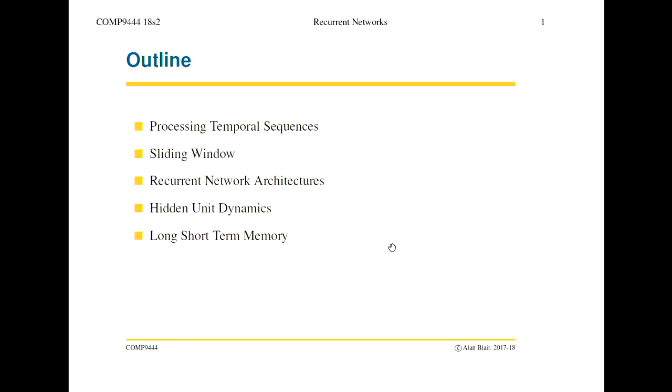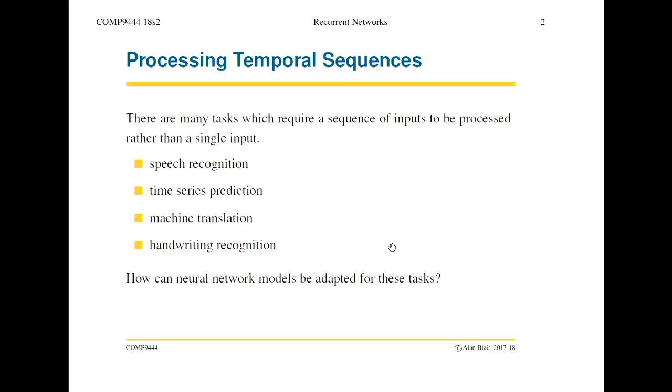We're going to look at some different architectures for this, moving from very primitive approaches to slightly more sophisticated ones, allowing for longer and longer range dependencies. And next week we'll look at how all of these can be applied in actual systems for speech processing and text processing and so on.